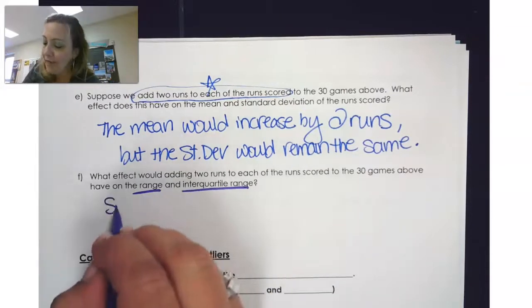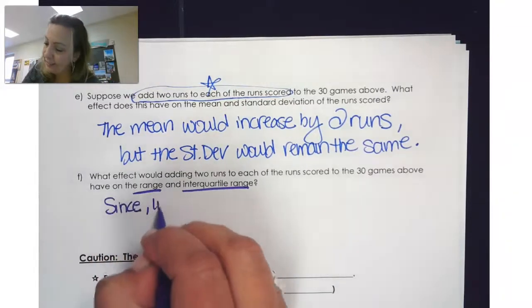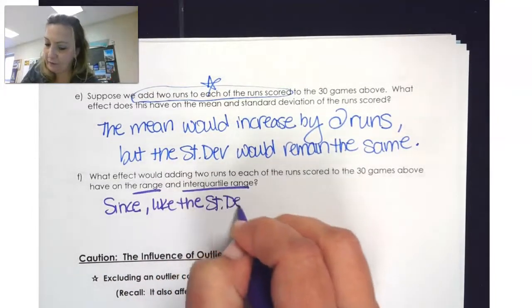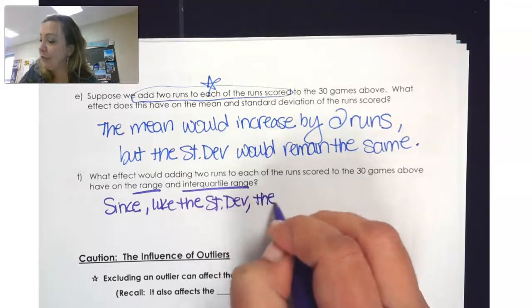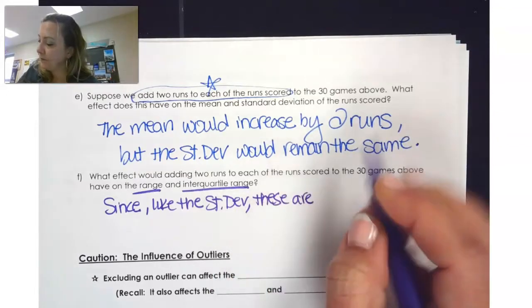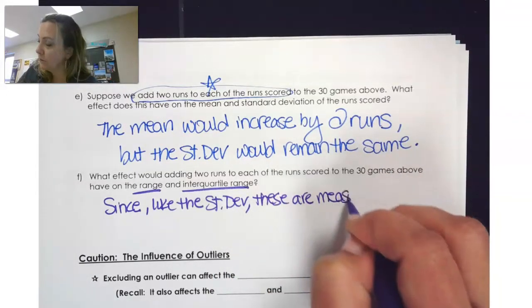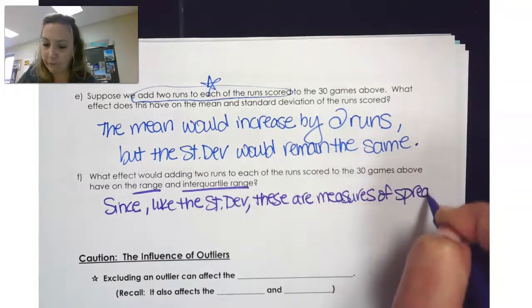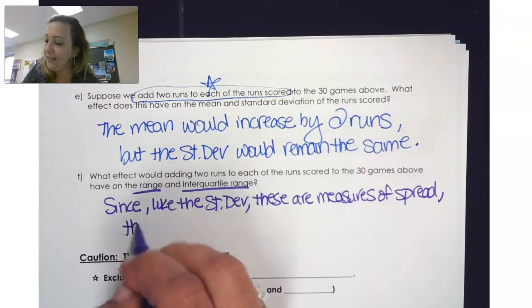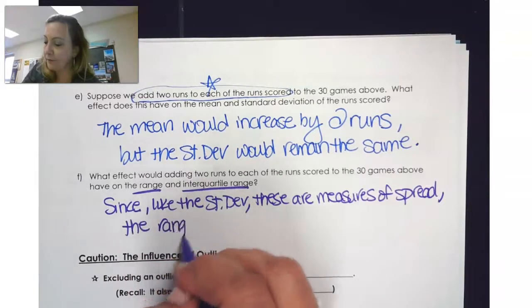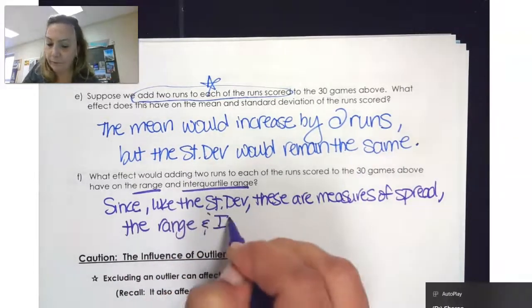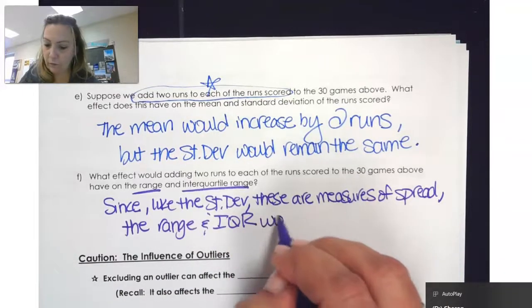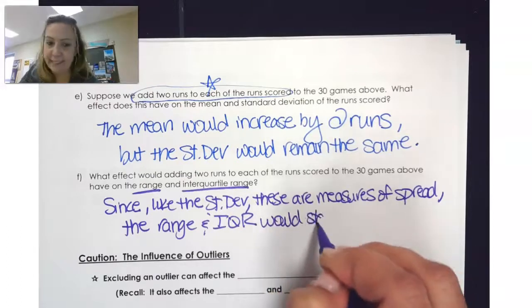So let's make a note of that. We'll say since, like the standard deviation, these are measures of spread, the range and IQR would stay the same too.